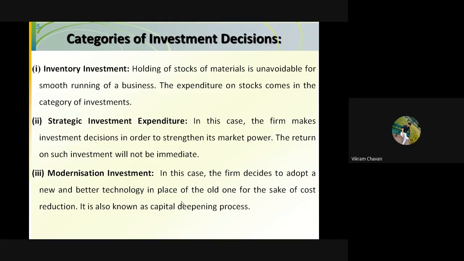Then, modernization of investment. We know that there are different phases of industry: industry 1.0, then 2.0, 3.0, and we are now entering 4.0. During these phases, the technologies also keep changing.